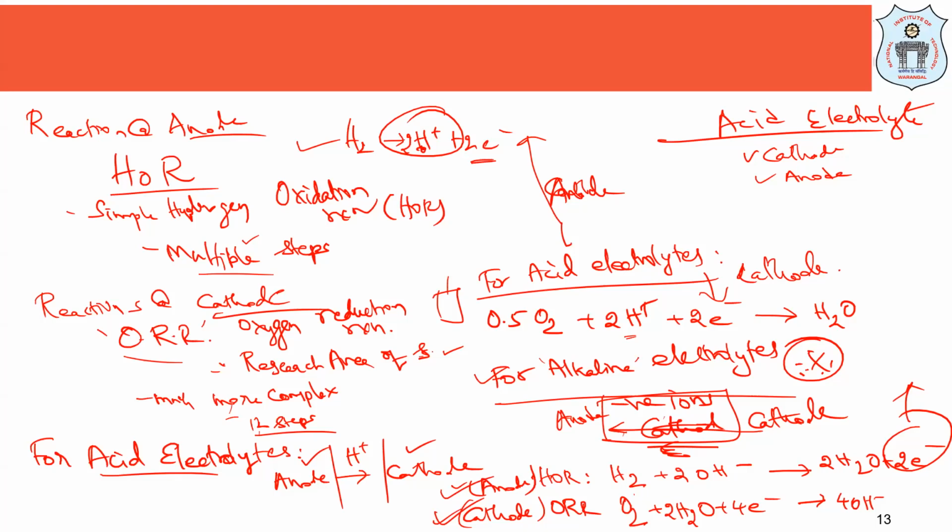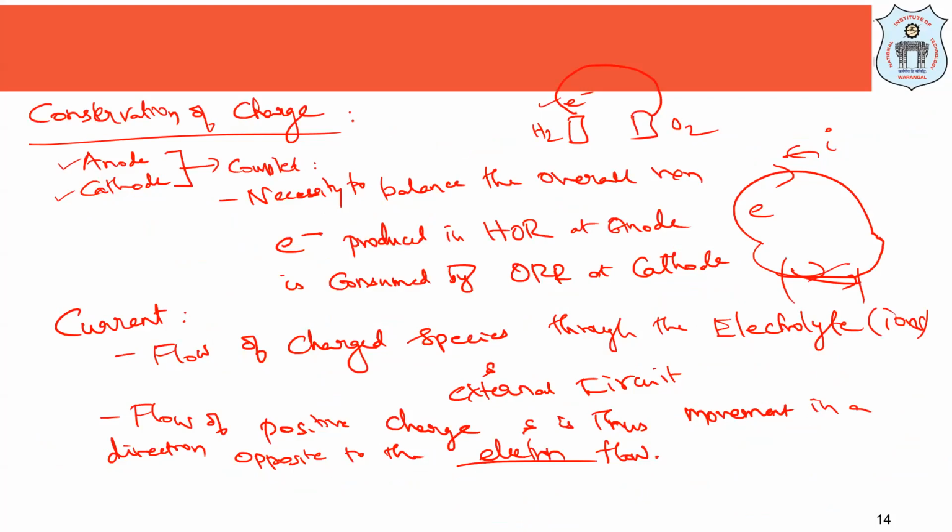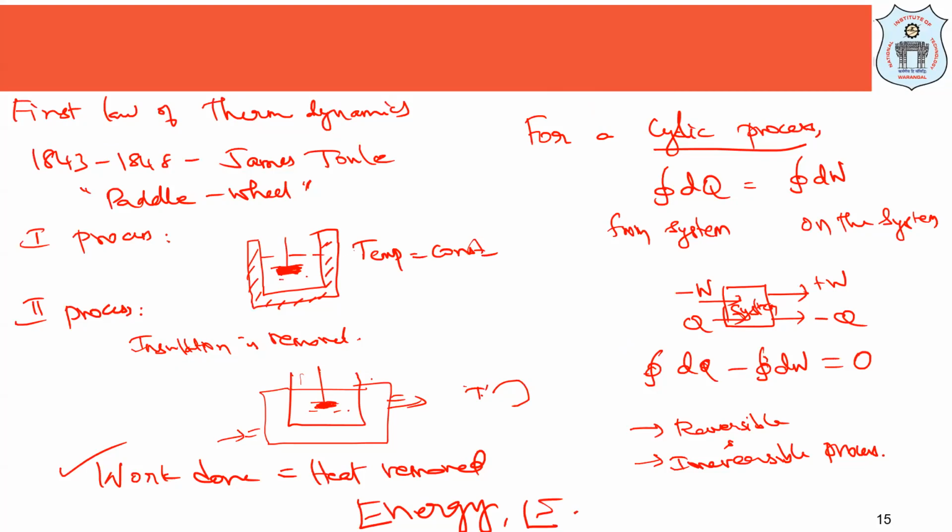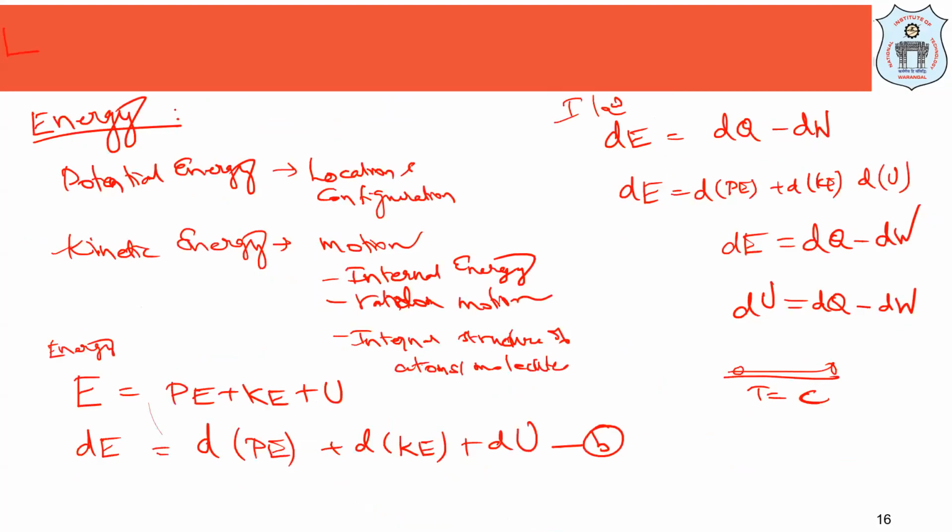So we know that in case of acid electrolyte, it is the H plus ions moving from the anode side to the cathode side, whereas for alkaline electrolyte, it is the anions moving from the cathode side to the anode side. We have discussed the conservation of charge, and we have seen the first law of thermodynamics, and that for any work done to be maximum, it has to be a reversible process.